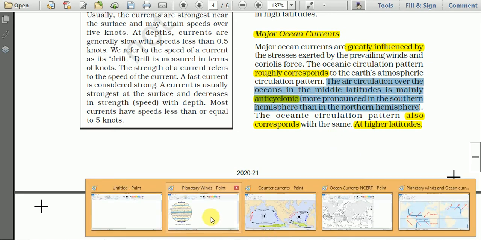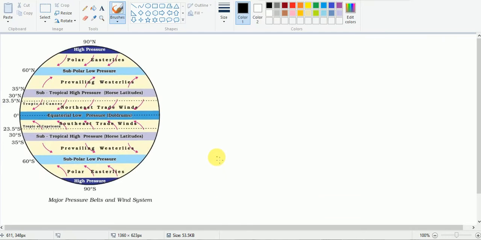Now let us recollect our memory. This is the global pressure and wind system, that is, the planetary wind system. Here we have the equator, and along the equator we have low pressure, which we call the equatorial low pressure belt.